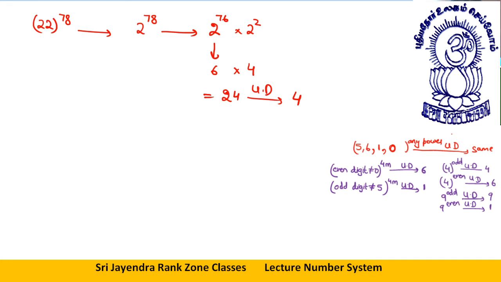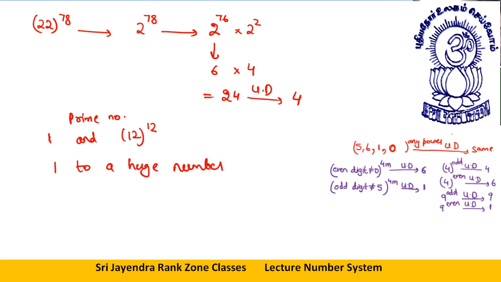Let's take the next number. Find the unit digit of the product of all the prime numbers between 1 and 12 raised to the power 12. I need to take the product of all the prime numbers between 1 and 12, raised to power 12, a very huge number.